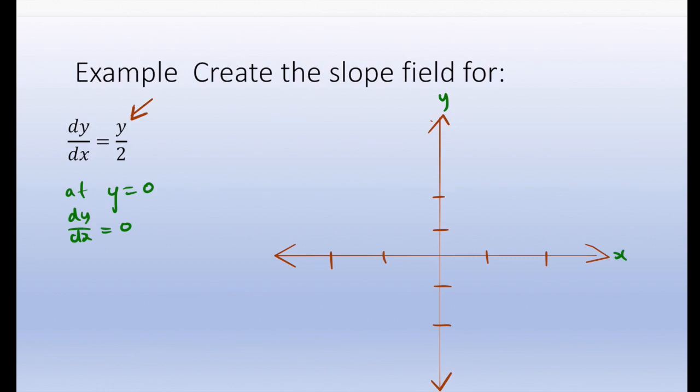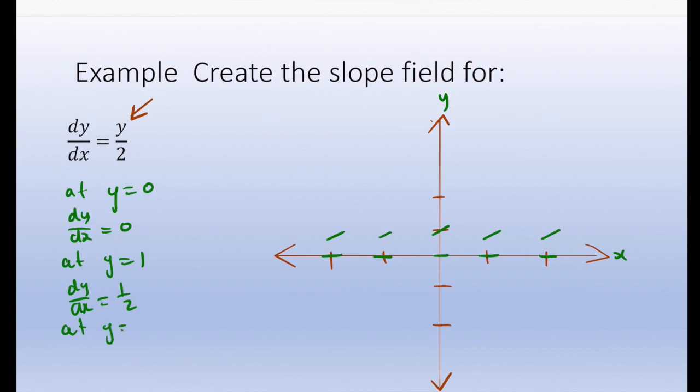All of the gradients are 0, so we're going to put that in. See how a gradient of 0 means a flat sort of line. Now let's keep going. At y equals 1, okay, now you can see my axis is off, so please do it better than what I did. Dy dx will equal a half. So now we've got a little bit of a gradient there, okay.